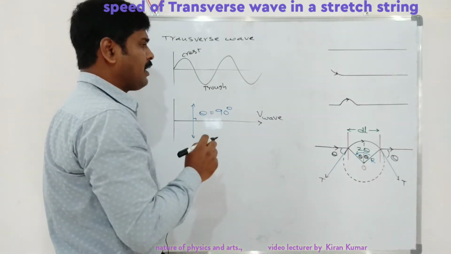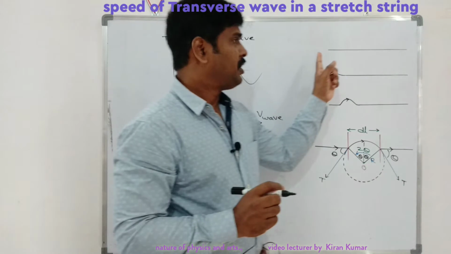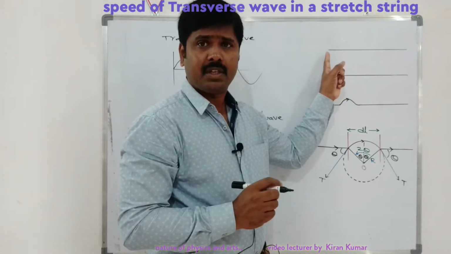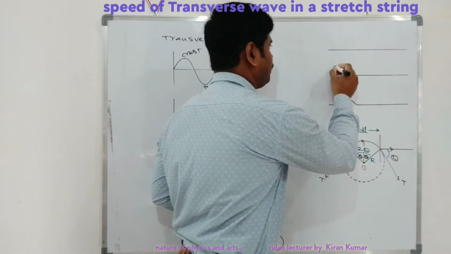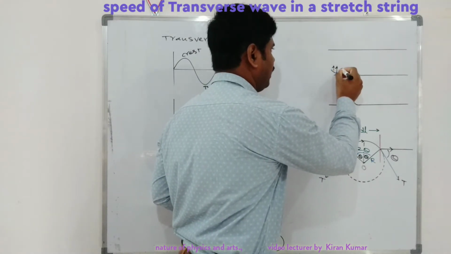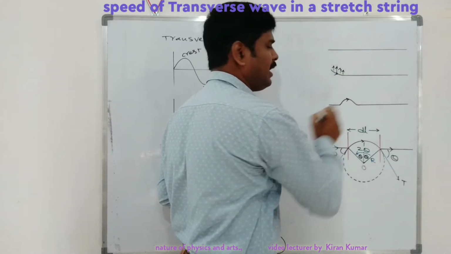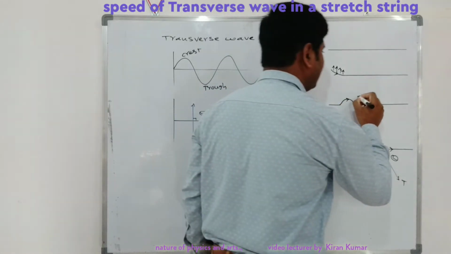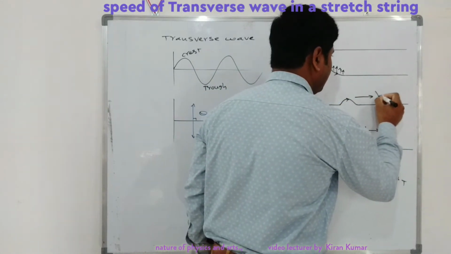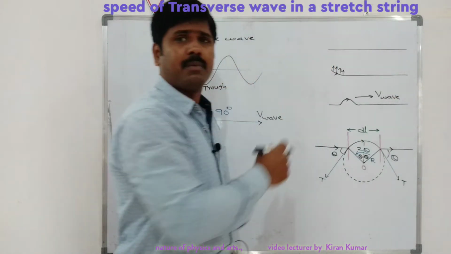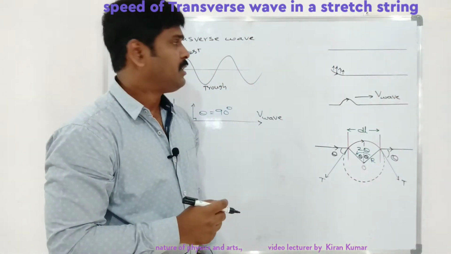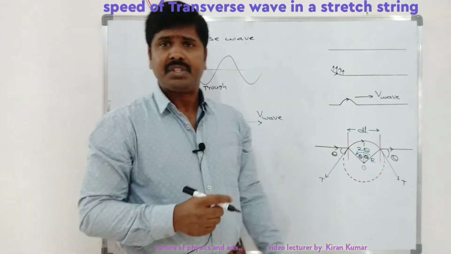Okay, see, considering a stretched string, this is the stretched string, and here due to a vertical jerk, a wave pulse is created, and this wave pulse moves with a velocity v from the left side to the right side in the stretched string.